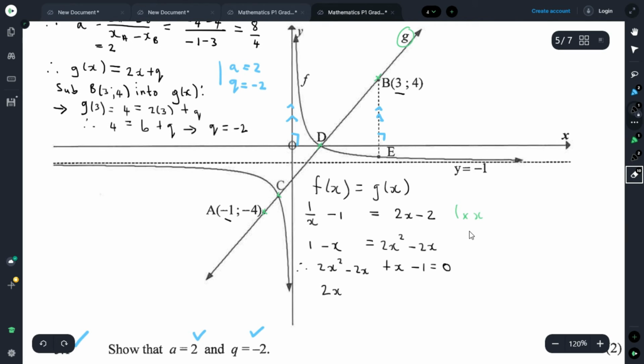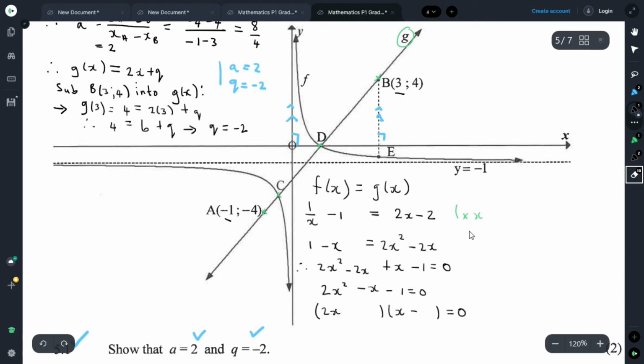So 2x squared minus 2x minus 1 is equals to 0. So the factors are as follows: 2x, x should be equals to 0.